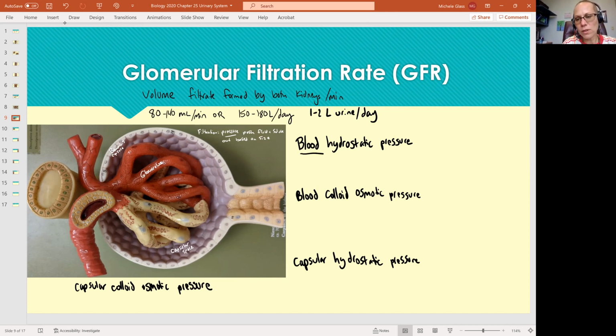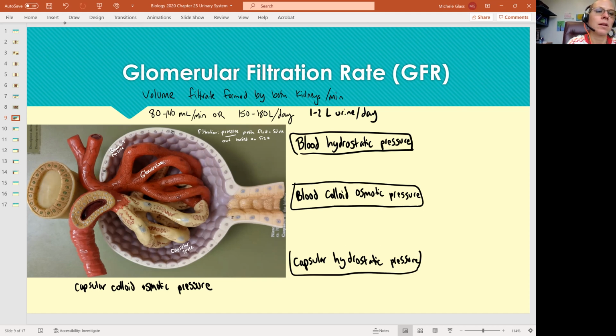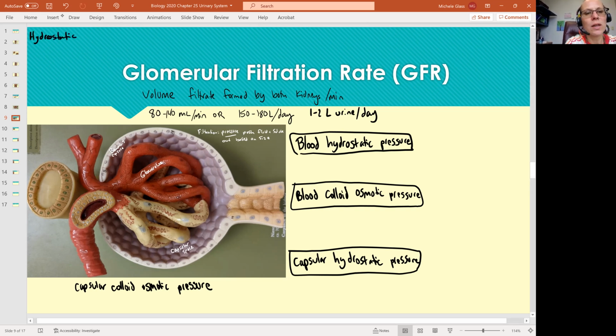So let's first tell ourselves, anytime we see hydrostatic, for us here, just think about blood pressure. Just think about force generated by the heart. And then anytime you read the word colloid, remember this is a suspension of proteins.